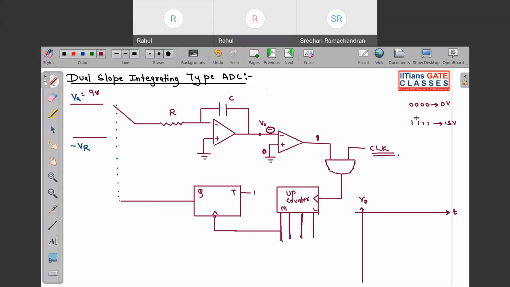So I have said that this is your 4-bit up counter. So it will keep on counting, and you can see the MSB of this counter is connected to a T flip flop that is negative edge triggered. And you can see this is basically getting its negative edge from the MSB of this up counter.